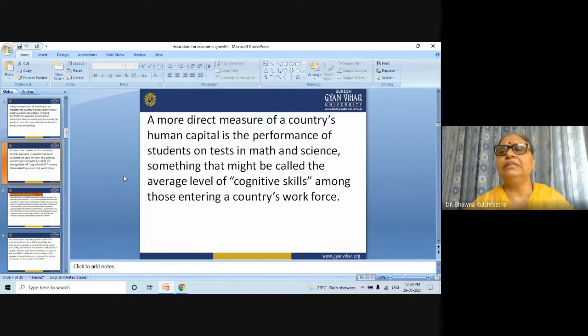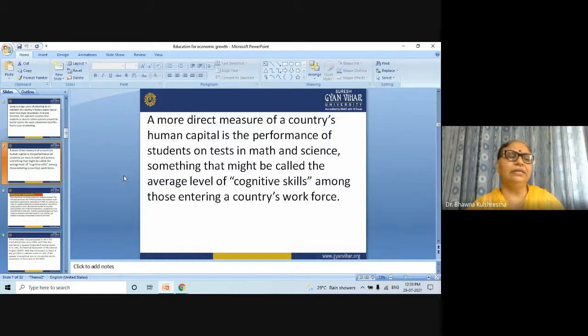Now, test score data for many countries over an extended period of time are readily available. It is possible to supplement measures of educational attainment with these more direct measures of cognitive skills.